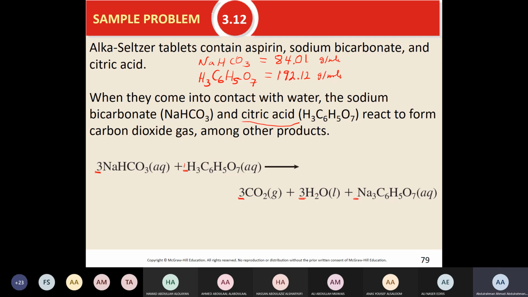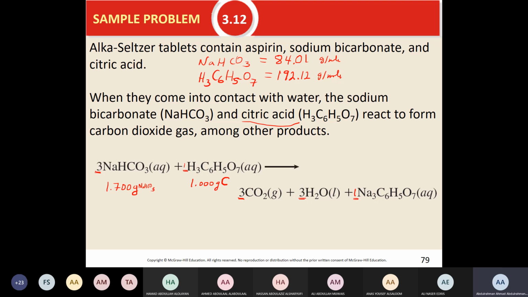Good. Next. You went to the lab and you mix 1.700 gram of sodium bicarbonate, NaHCO3, with 1.000 gram citric acid.